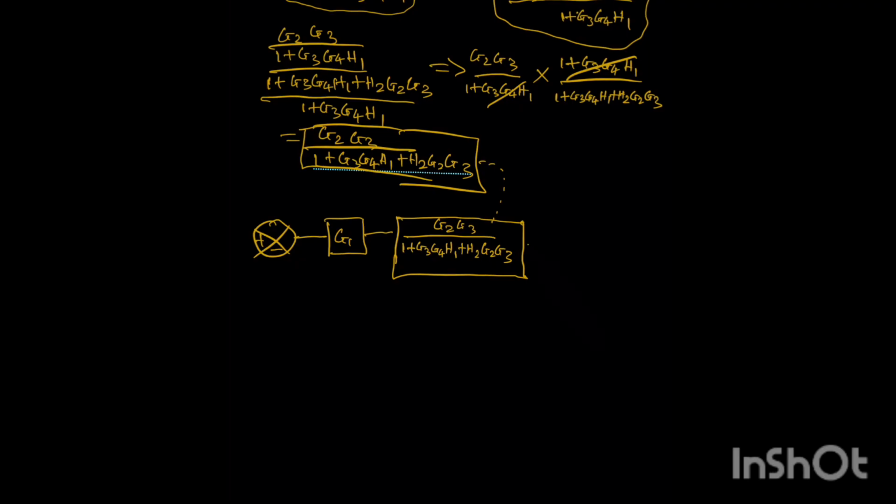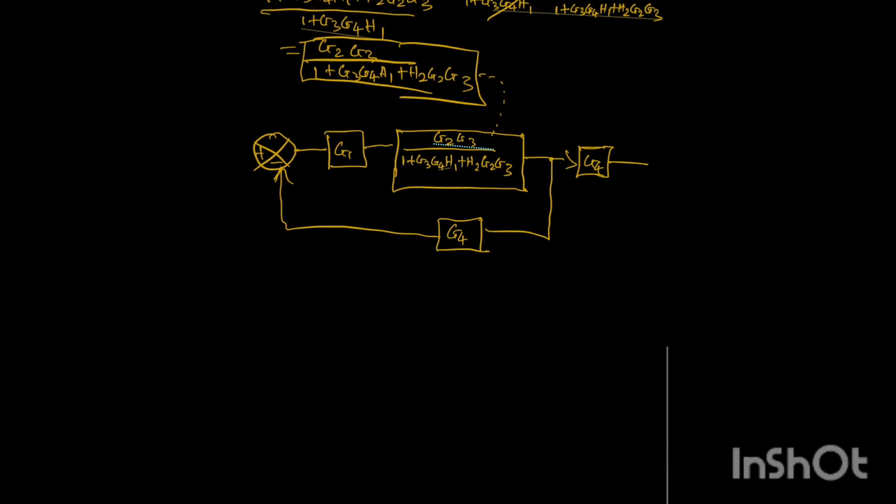So the next, we still have G4. So connect it down here. Here we have G4. So we connect it to the negative feedback. Now the next step: these two blocks are in series. So we'll be combining these two blocks in series.